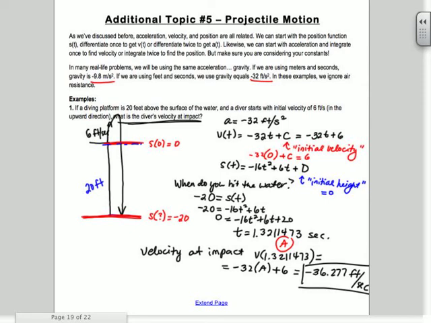Does that make sense? You do not want to say negative 36.277 feet per second down. It's kind of like a double negative, right? It's like, what do they mean by this? So be kind of careful, especially with speed. Speed we know is always positive. So if they ask for what the speed was of the diver, it would be 36.277 feet per second.